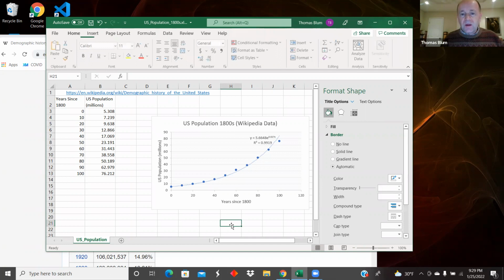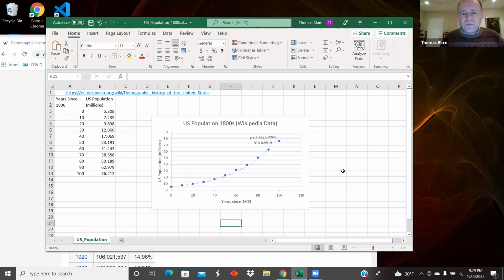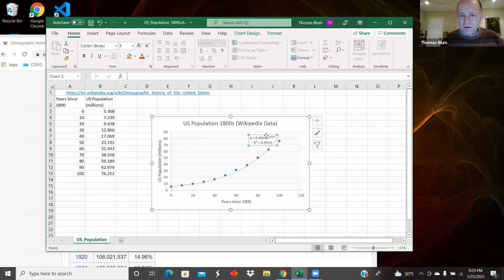Okay. So we have our basic graph. X-axis label, Y-axis label, fit to an exponential. Here's our model. I'm going to increase the font size here.